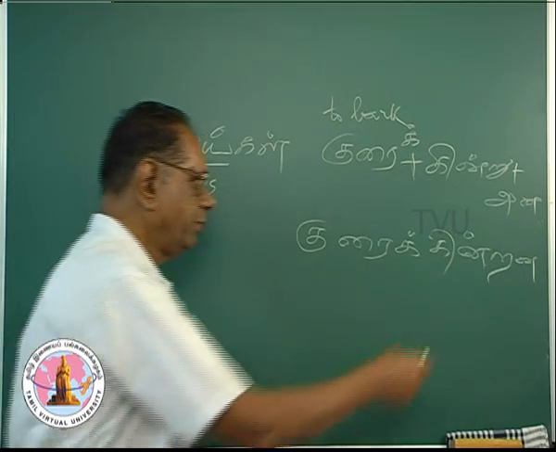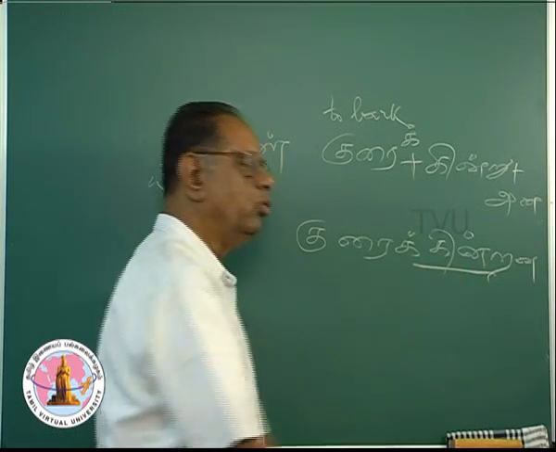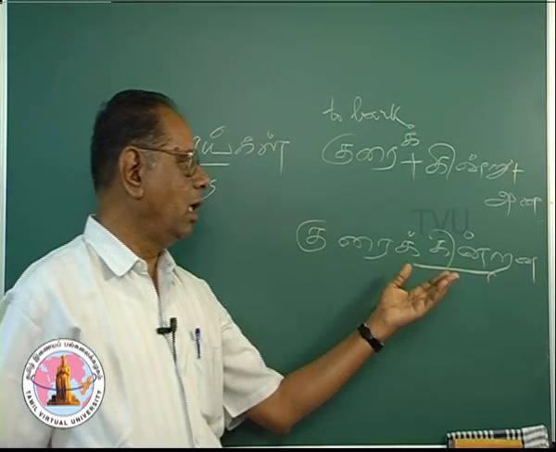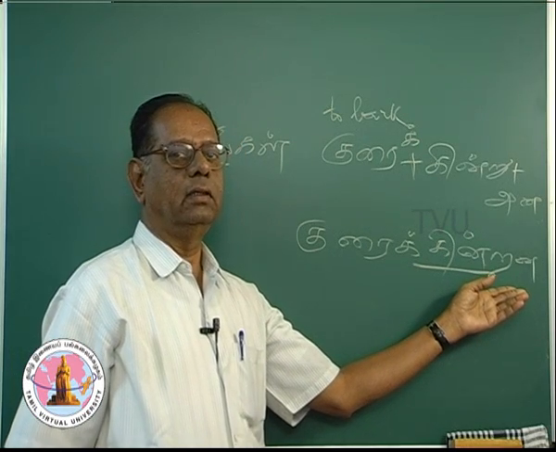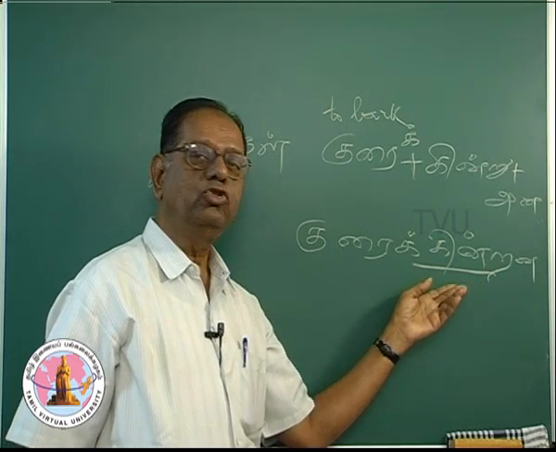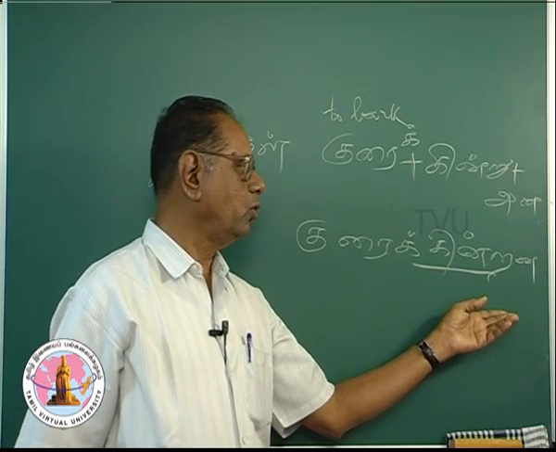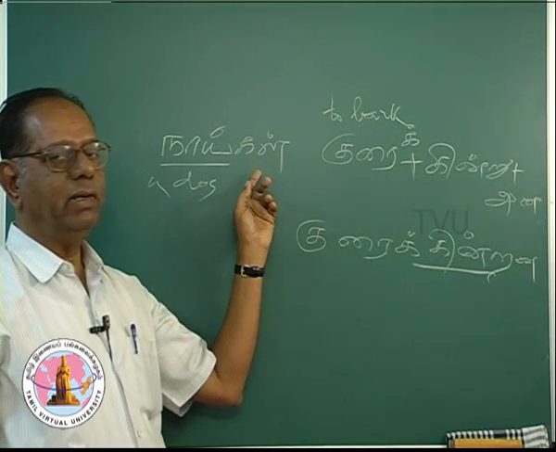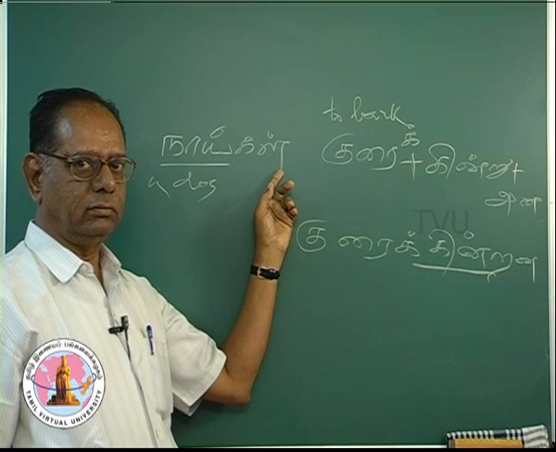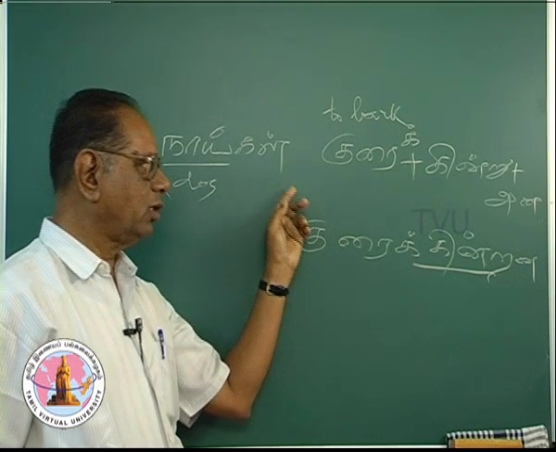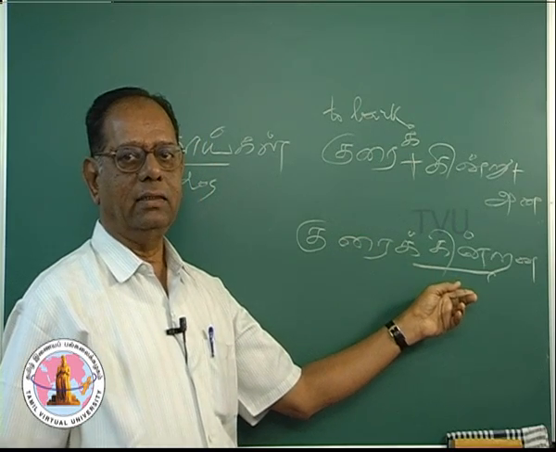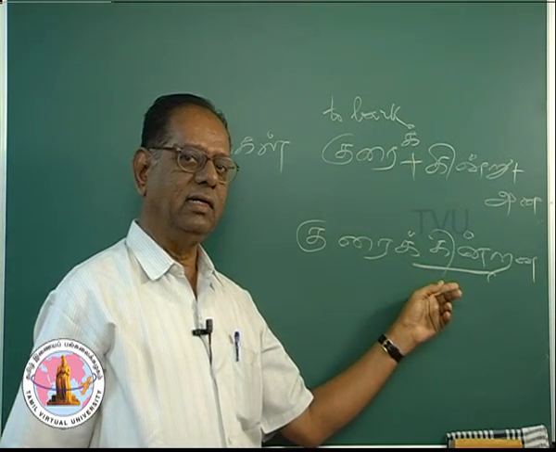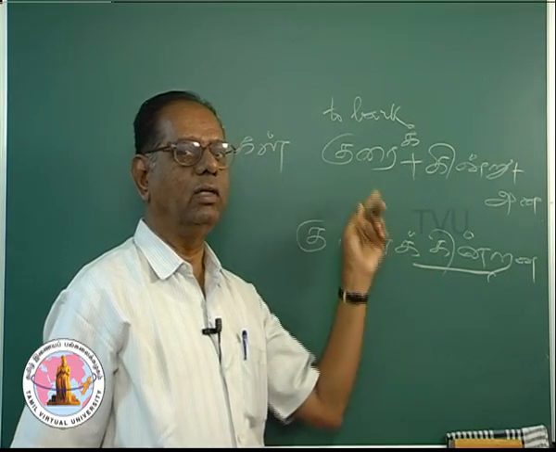You see, this kindru goes right with ana. It sounds better. So, for third person plural, neuter gender, kindru is added as the present tense marker in all the verbs.